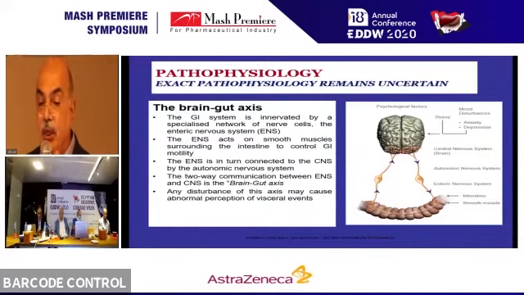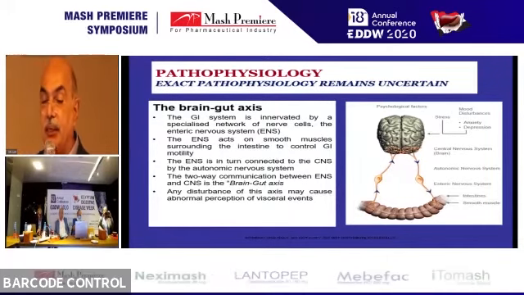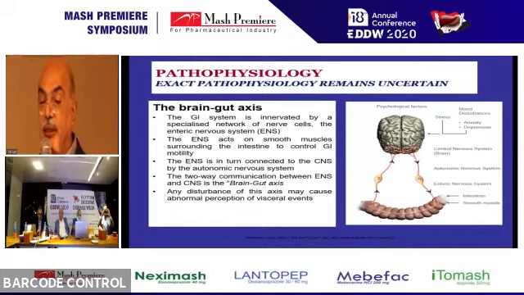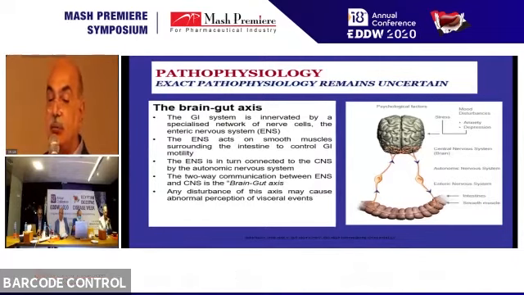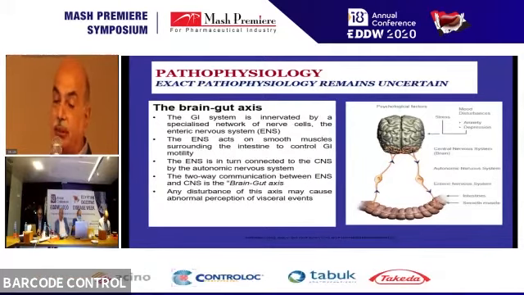The GI system is innervated by a specialized network of nerve cells, which is the enteric nervous system. This enteric nervous system acts on the smooth muscles surrounding the intestine to control its motility.